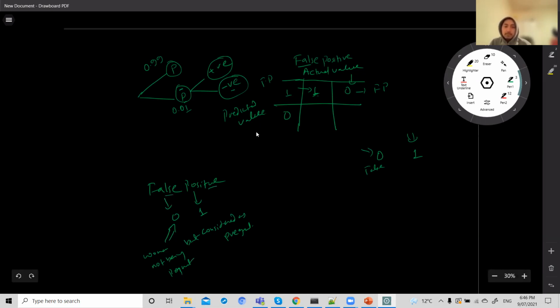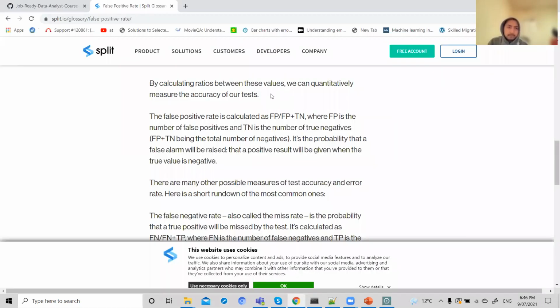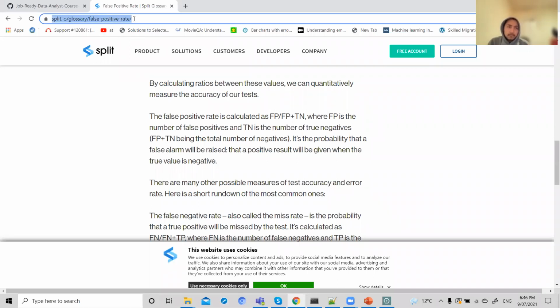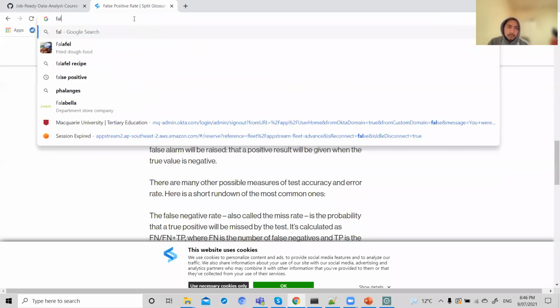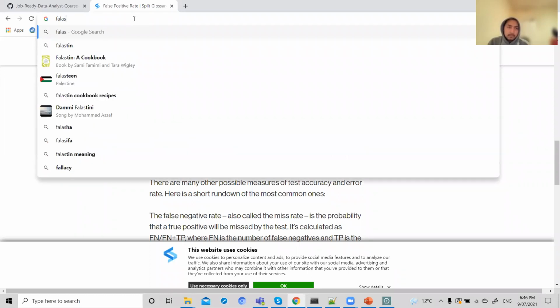A woman who is pregnant and is considered as pregnant, that is called true positive. Okay, so this is given. We even have one image that will make this more clear.